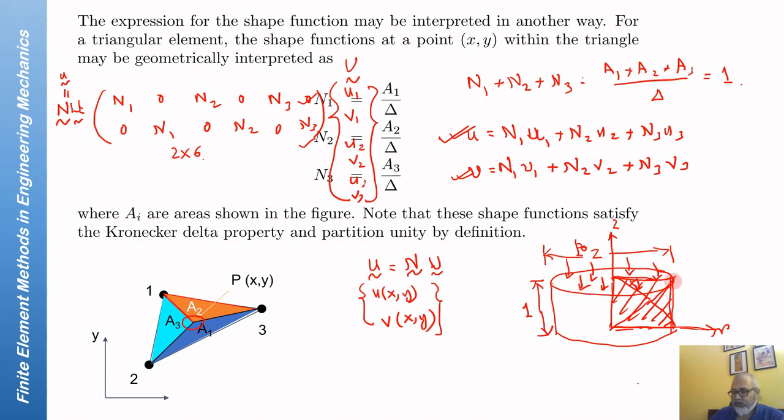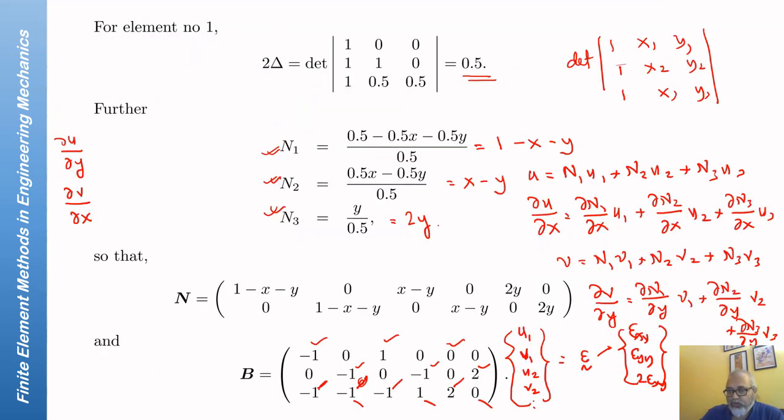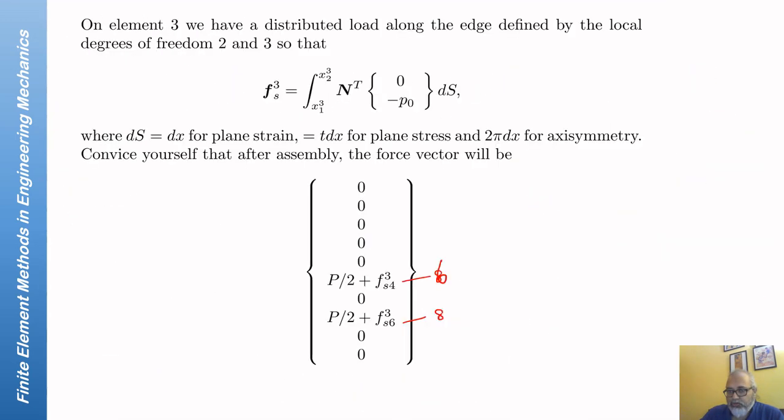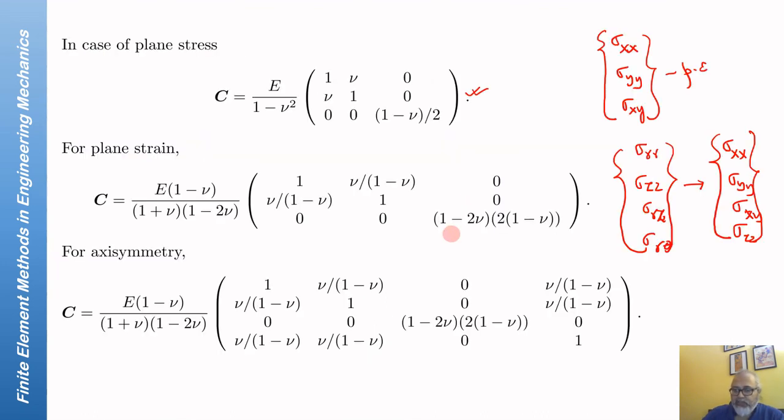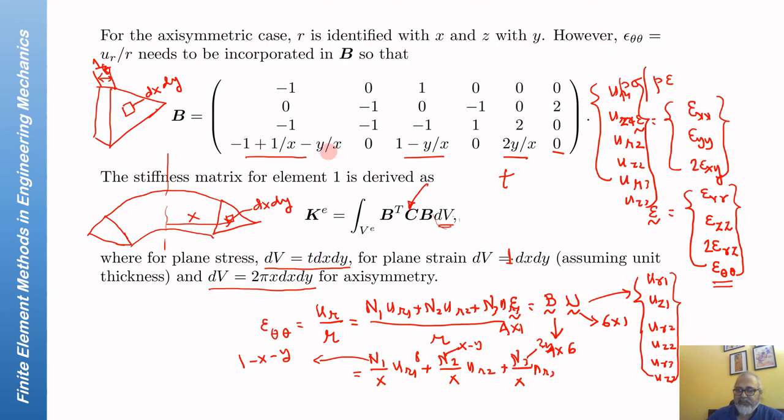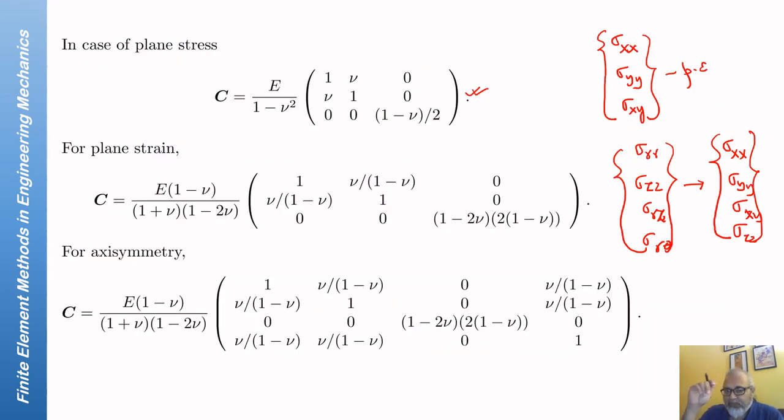Then you integrate it from 0 to 1 and you get the total load applied. So this will be your total load vector, and the assembled stiffness matrices, you will have to assemble these stiffness matrices between elements 1 to 4, and you will get the assembled global stiffness matrix.